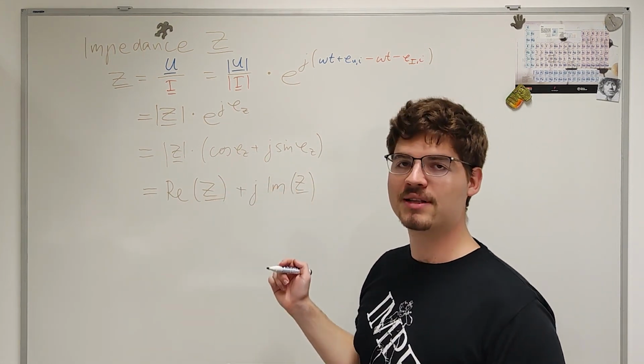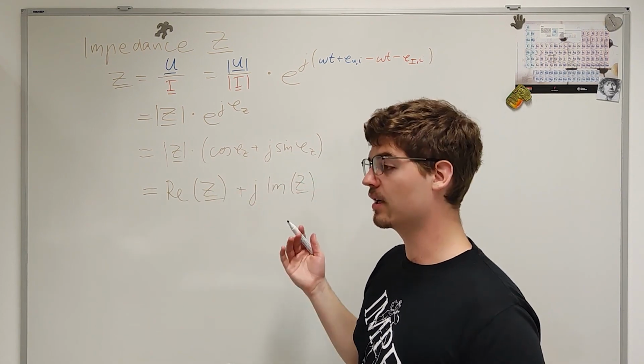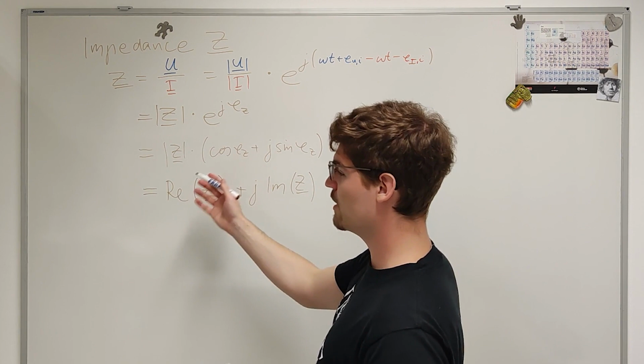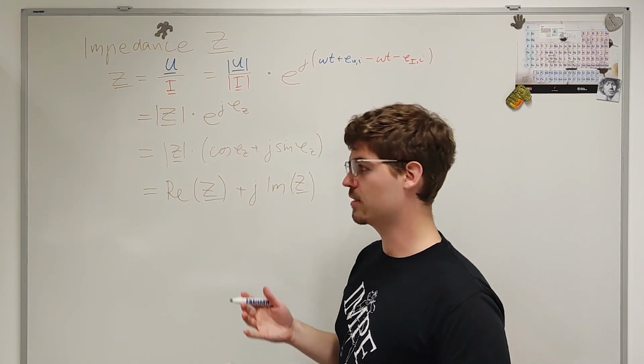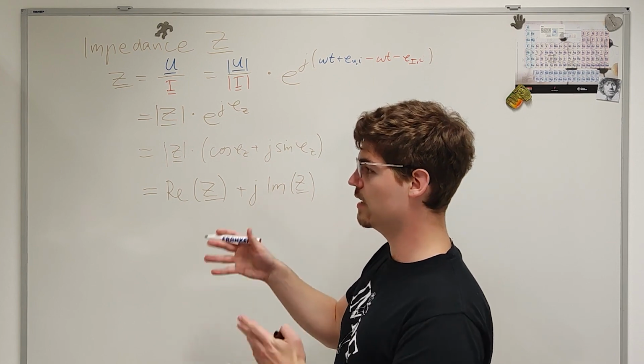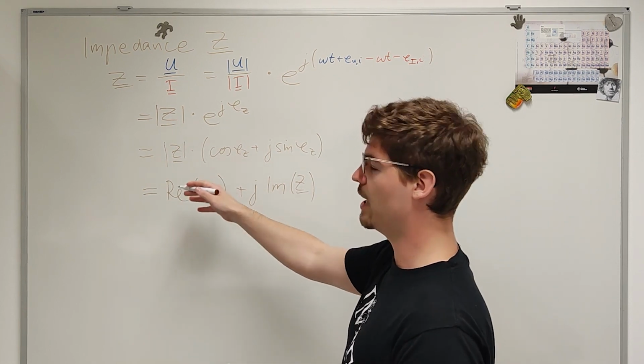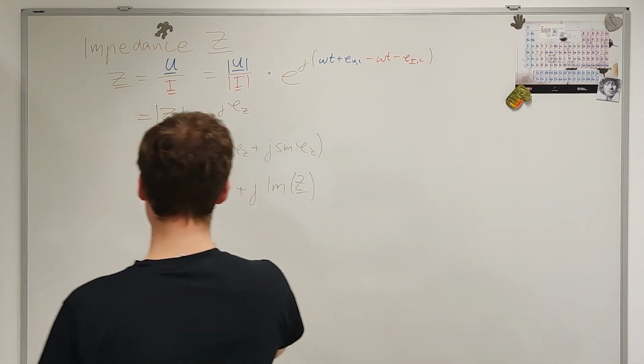And for the impedance, we give these real and imaginary parts specific names. And the real part we are calling resistance. So the resistance of impedance, it's not quite the same thing as the one-dimensional resistance that you find with an ohmic resistor, because it's a part of a two-dimensional number.